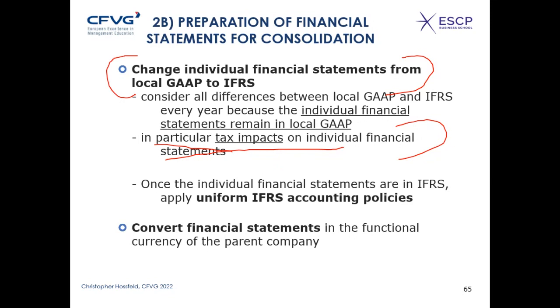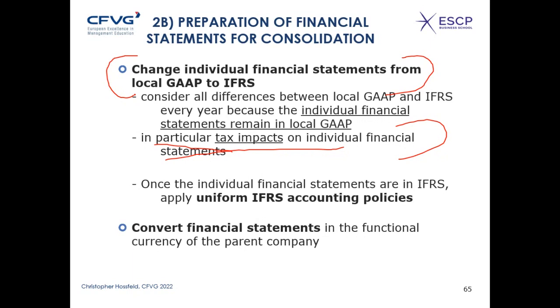So the parent company will ask the local accountants to switch from local accounting to IFRS, which is much easier because Vietnamese accountants know Vietnamese accounting. They train in IFRS, and therefore they know what the differences are between Vietnamese accounting and IFRS.